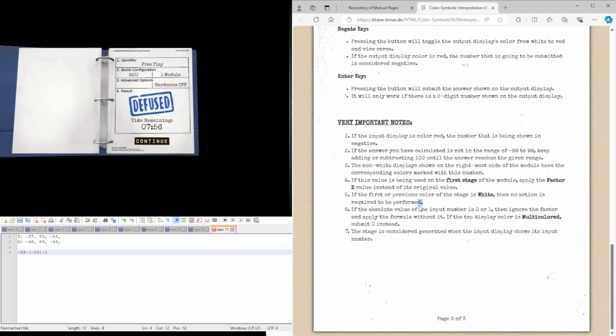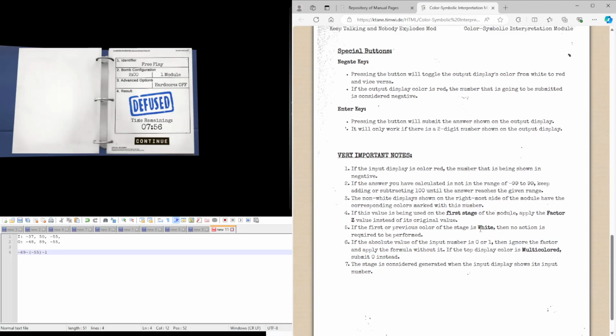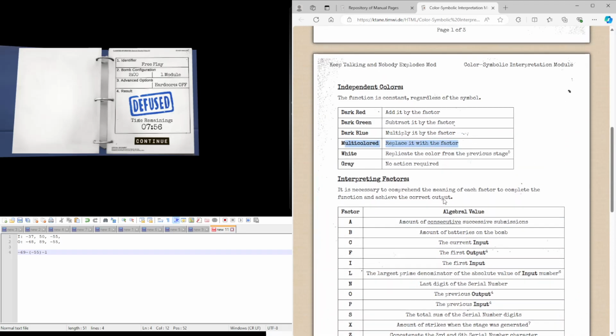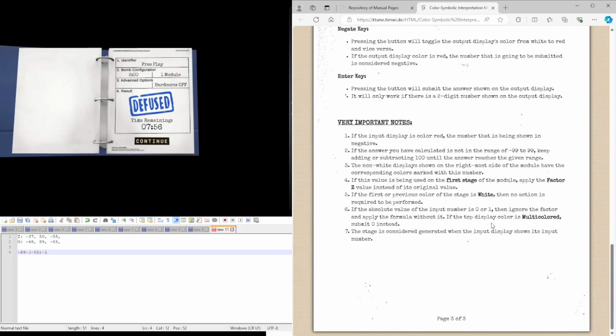This one's an interesting one. If the absolute value of the input number is 0 or 1, so if you get 0, 0, 0, 1 or 0, 1 in red, then you just ignore the factor and just apply the formula as if it's not there. In the off chance you get multicoloured, which was replacing with the factor, you just put 0.